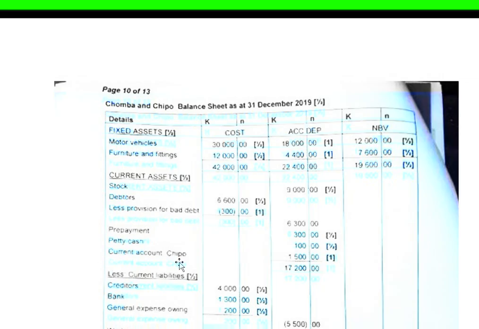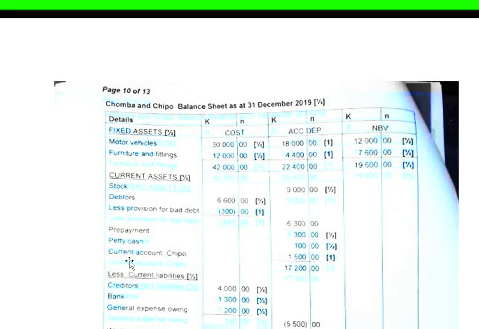So it's similar to a debtor. That is why it is under current assets, because this partner, after interest on capital, salaries, interest on current account, etc., most probably owes the partnership 1,500.